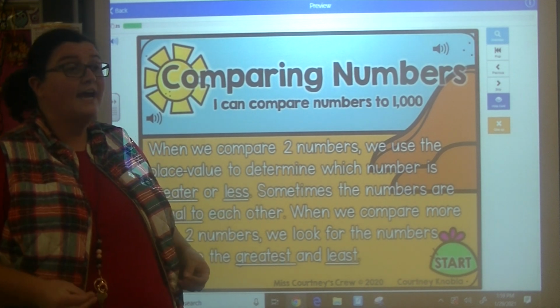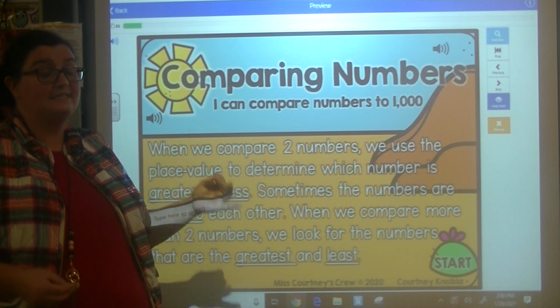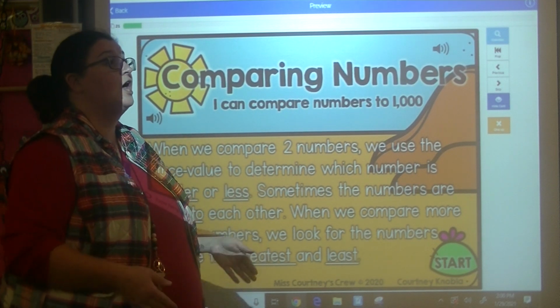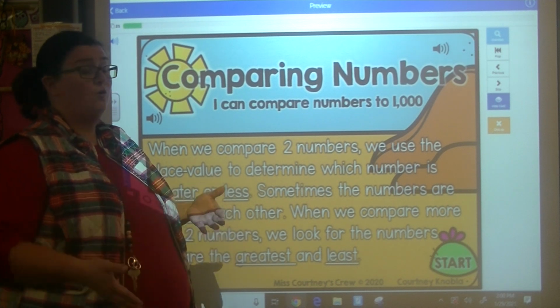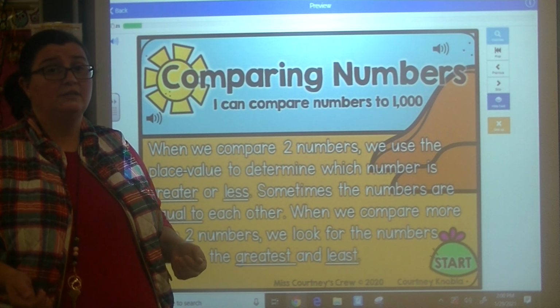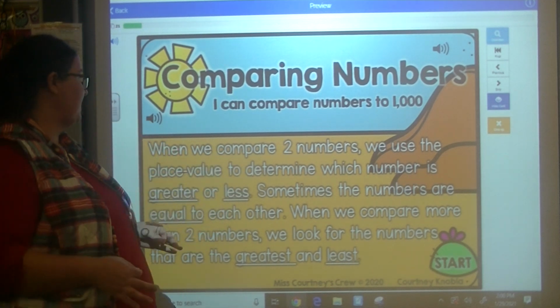When we're looking at 3-digit numbers, that's a number that has a hundreds place, a tens place, and a ones place. Where will we look first to compare the numbers? We'll look at the hundreds place, the place that has the greatest value.